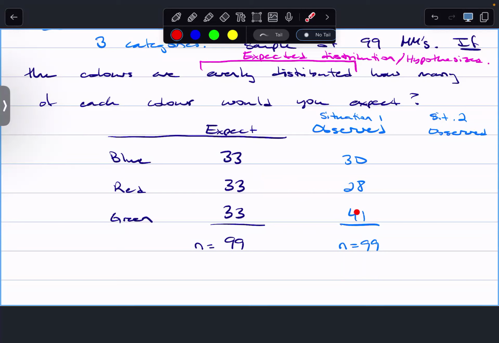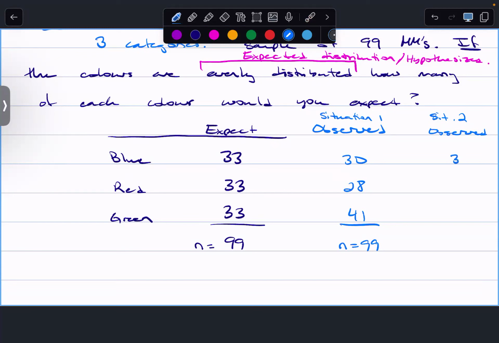And so the chi-squared is going to compare all of these observed values to the expected values, right? And so maybe I should make the next one a little bit less extreme.